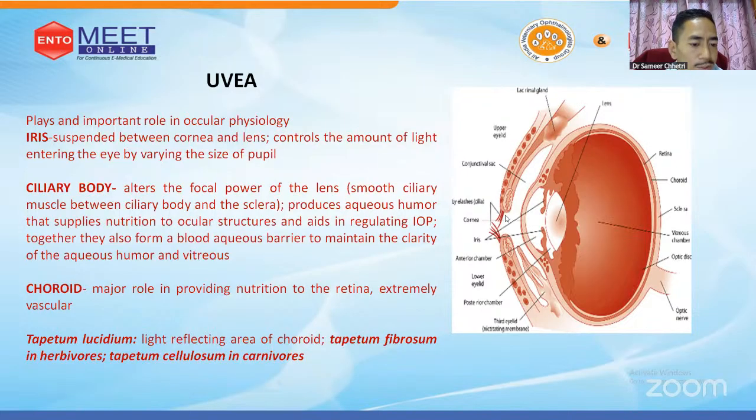Whereas in carnivores it's cellulosum, giving the eye a bright, distinct, reflective vision during the night. When the eye of a dog is viewed in dim light or at night, there is a reflection of the eye. That is due to the presence of the tapetum cellulosum in dogs.